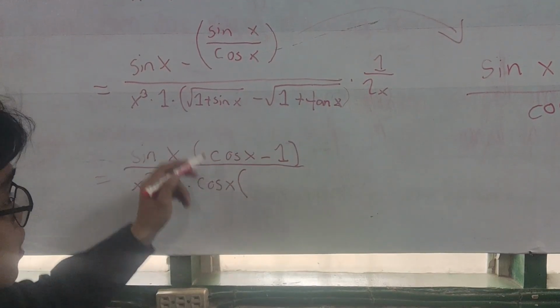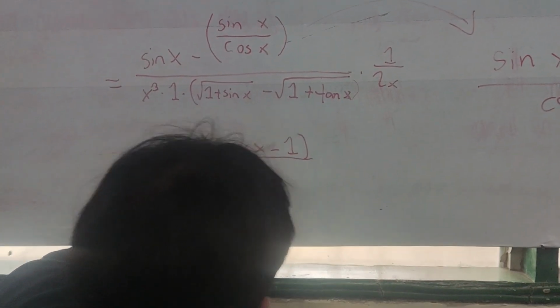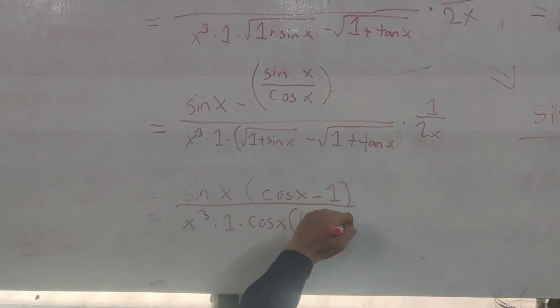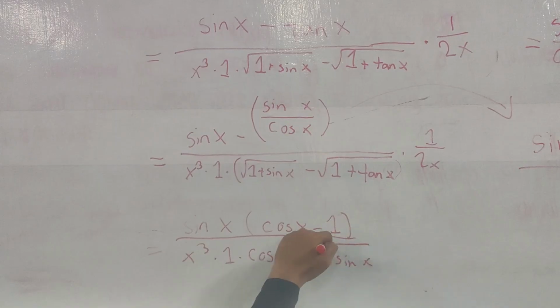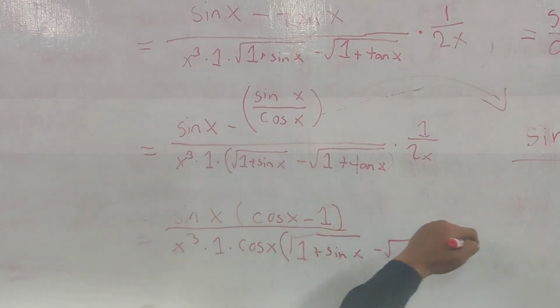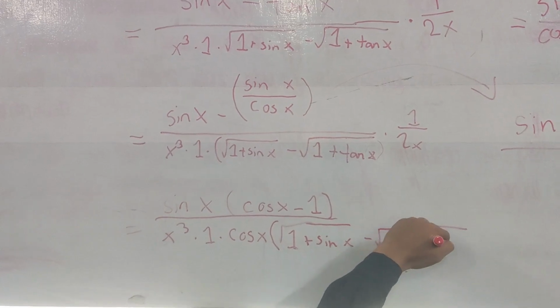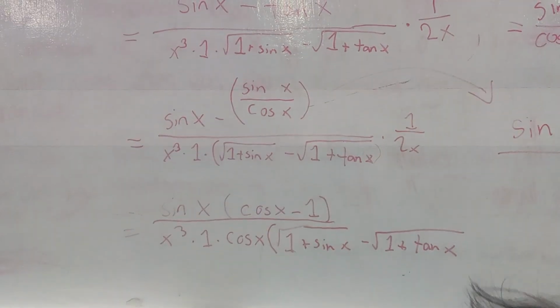So cosine x as the quantity of 1 plus sine x minus the square root of 1 plus tan x.